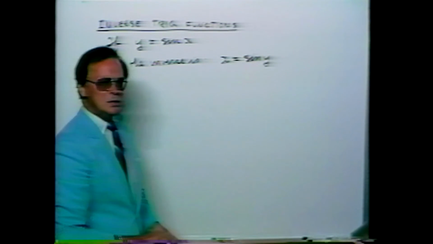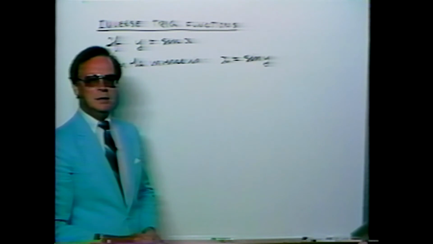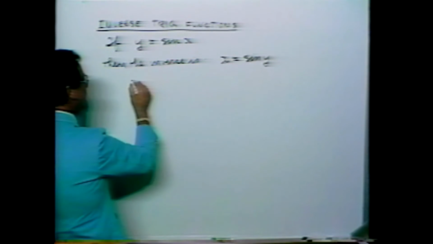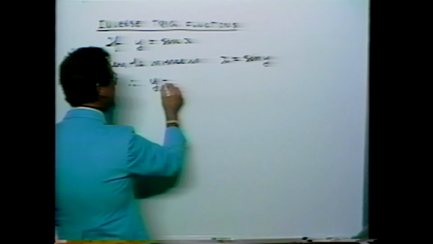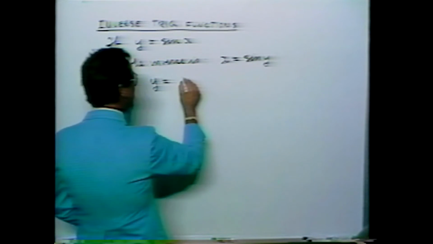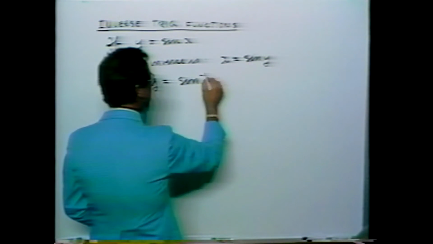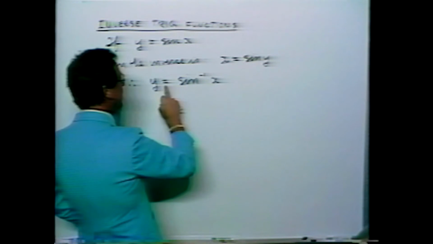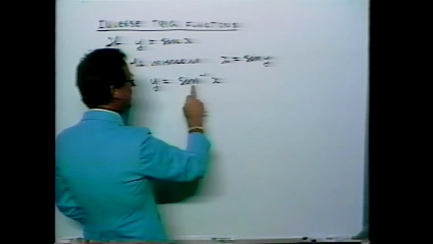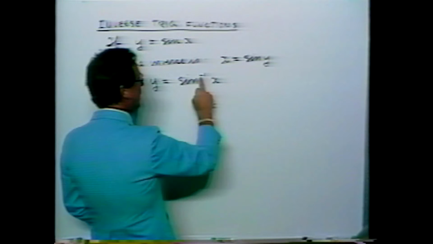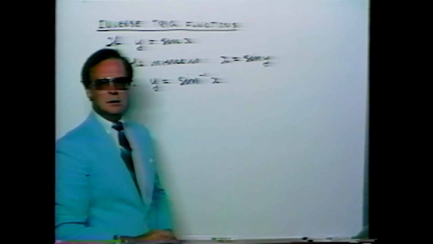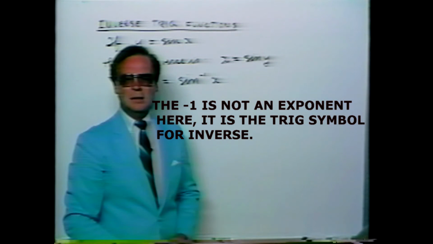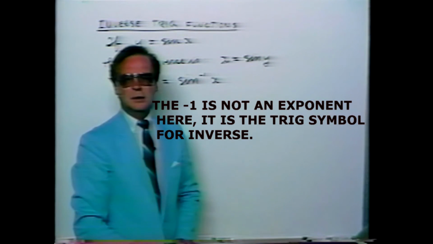Now y must be the subject of the equation. Therefore, we write that y is equal to the inverse sine of x. That's what the -1 means in the statement. Don't look at that -1 as an exponent.